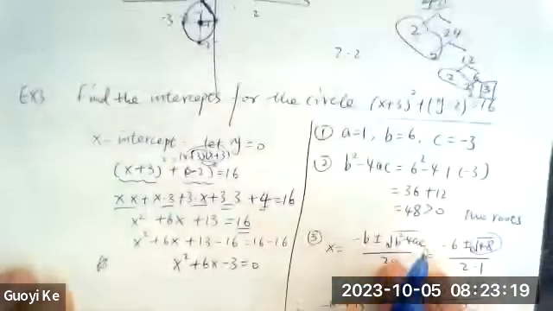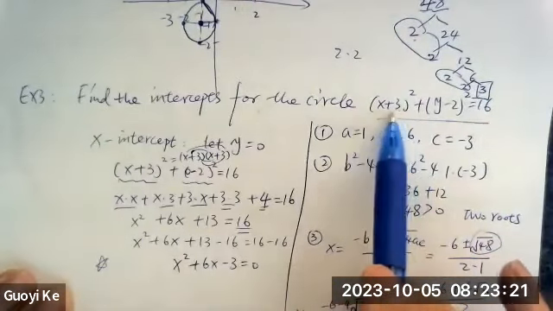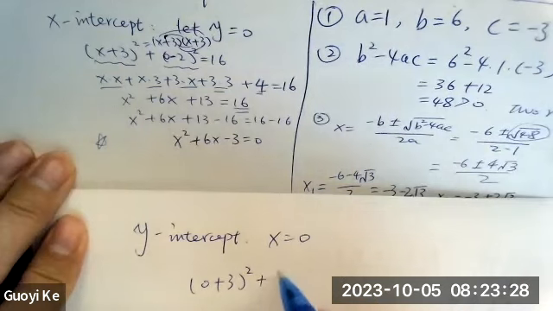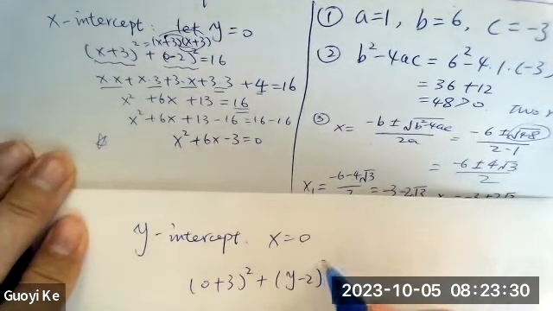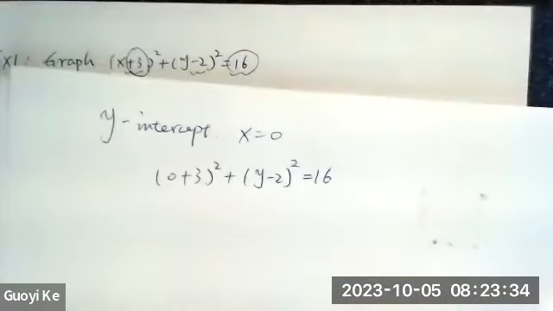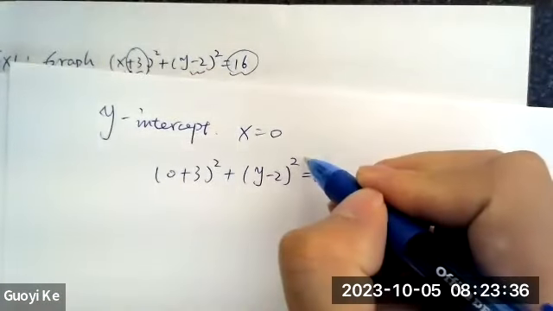So we plug in x equals 0 here. We will get 0 plus 3, very similar to what we did before for the x. Here we can simplify it, right?